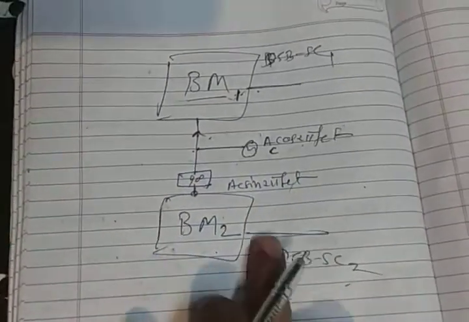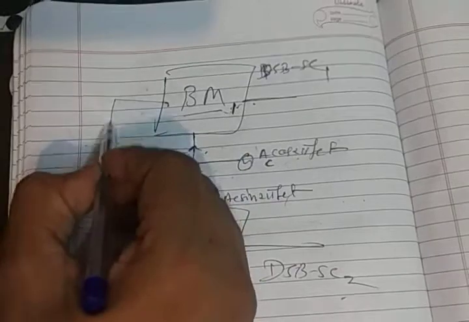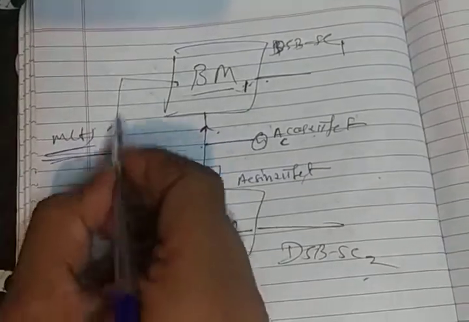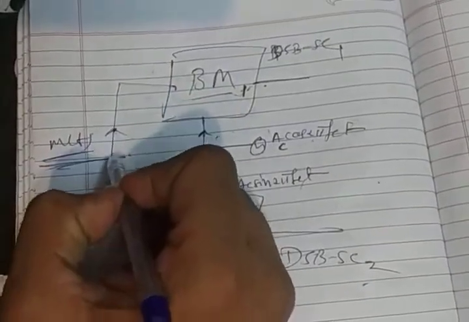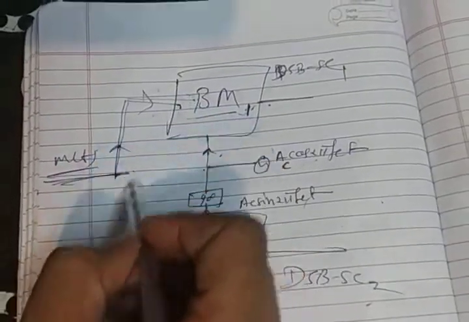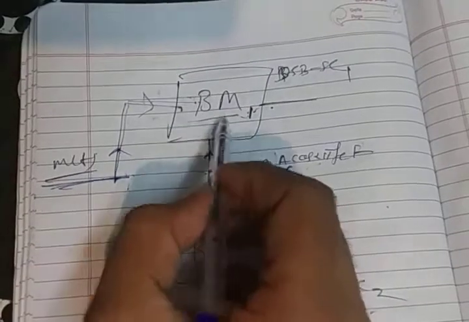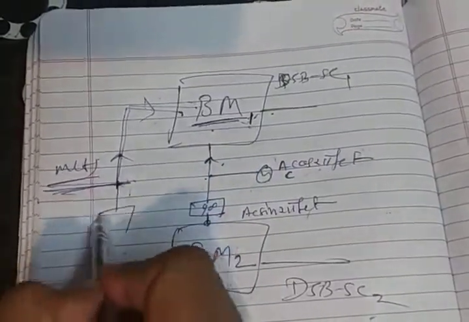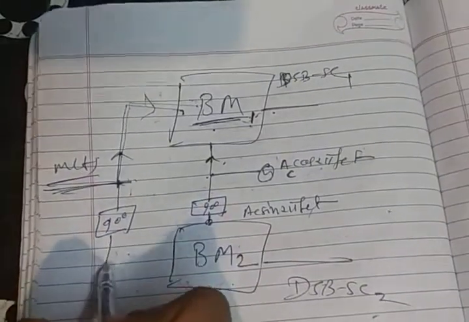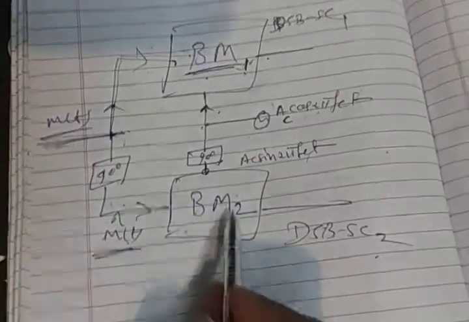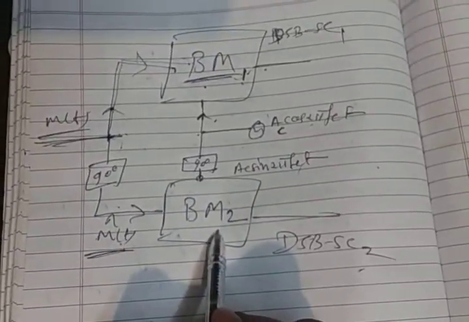Now we transmit the message signal, m of t, through this channel. Direct m of t without phase shift goes to balance modulator number 1, and the 90 degree phase shifted m of t, suppose this is m hat of t, goes to balance modulator number 2.